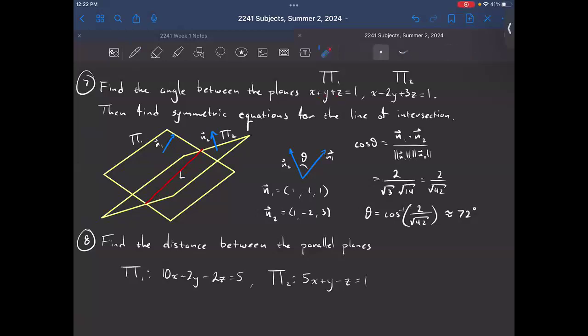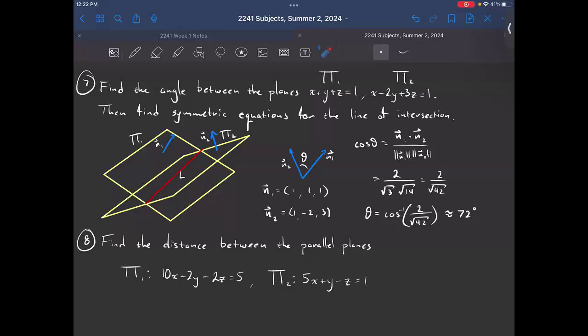We are already given two equations here, this one and this one for the plane. Points that are on the line satisfy both of these equations, okay? And if we have a point on the line, we can look at its intersection with one of the x, y, or z, x coordinate planes.